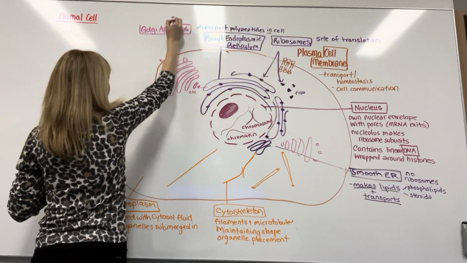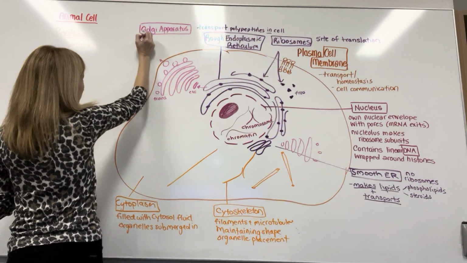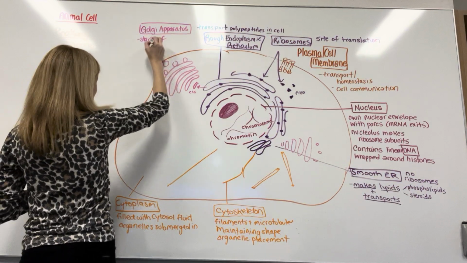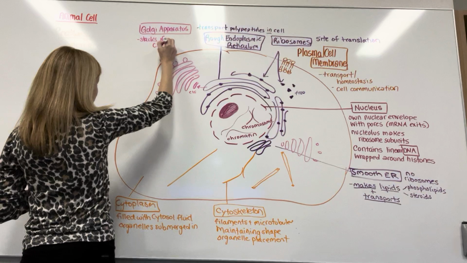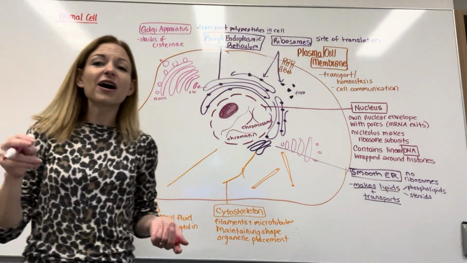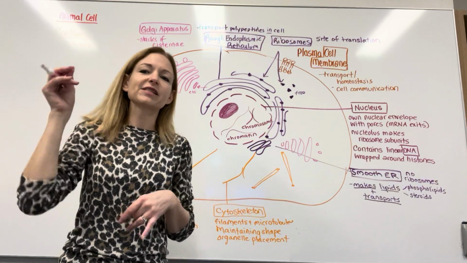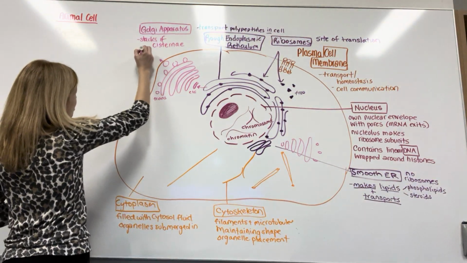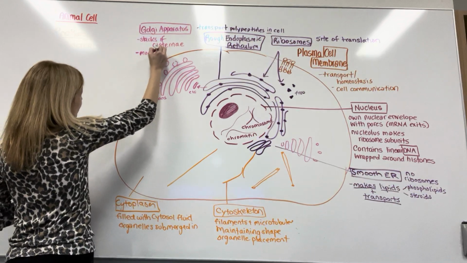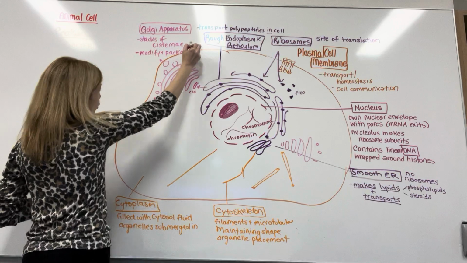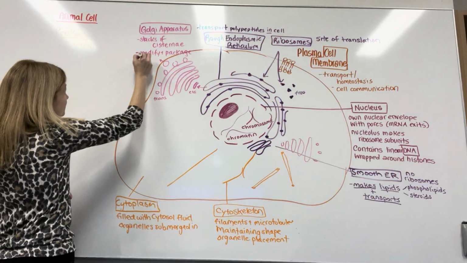My Golgi apparatus is stacks of cisternae, which is just the fancy name for those little pancake stacks, and it's going to modify. That could be things like putting an address, like tagging. So it's going to modify and package cell products, which is largely going to be proteins, but it could include lipids as well.